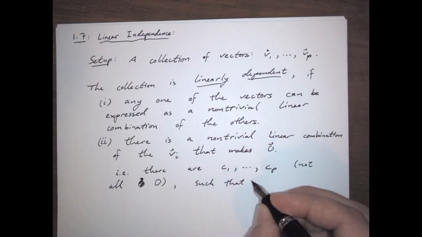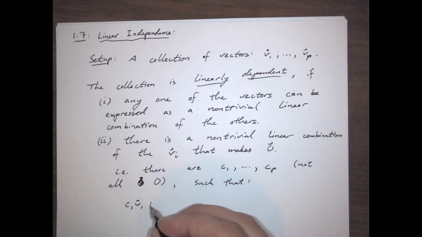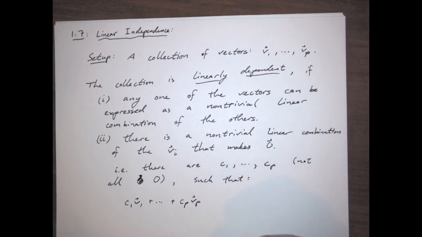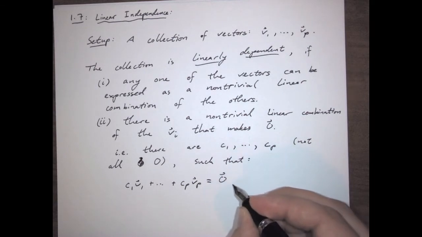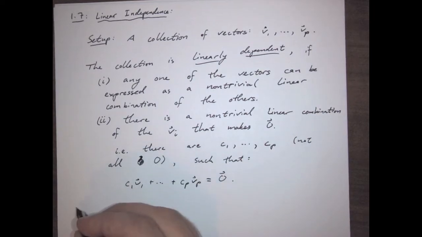Such that c1 v1 plus dot dot dot up to cp vp, where the v's are vectors and the c's are scalars, all add up to make the 0 vector. So that's what it means to be linearly dependent.